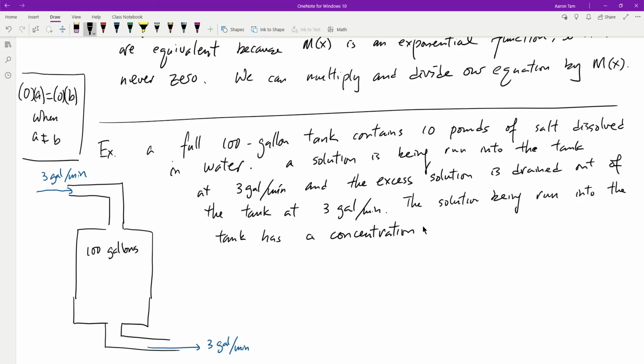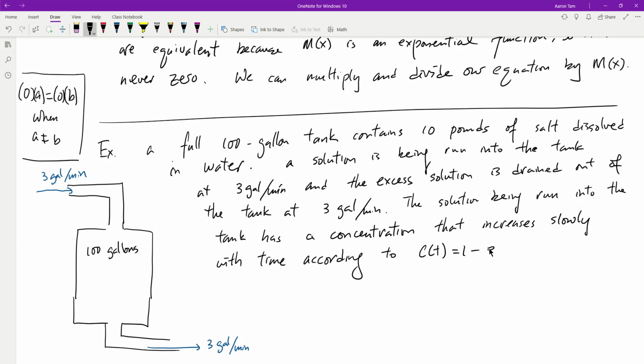Let's say the solution being run into the tank has a concentration that increases slowly according to some function. Let's say this function, c of t, is equal to 1 minus e to the negative t over 100. So that forms the concentration of the liquid that's going in.